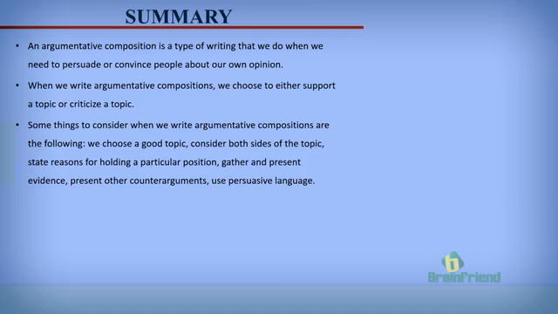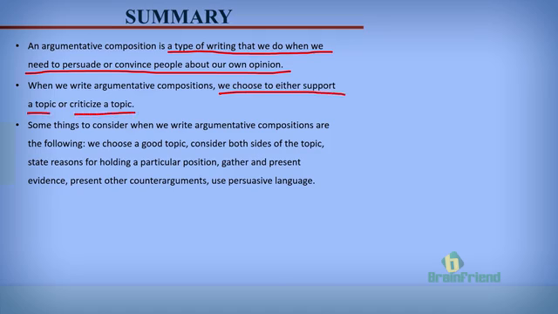We've come to the end of our lesson today on argumentative composition. But before we do our test, let's take a look at all we have learned today. We learned today that an argumentative composition is a type of writing that we do when we need to persuade or convince people about our own opinion. We also learned that when we write argumentative compositions, we choose to either support a topic or criticize a topic.